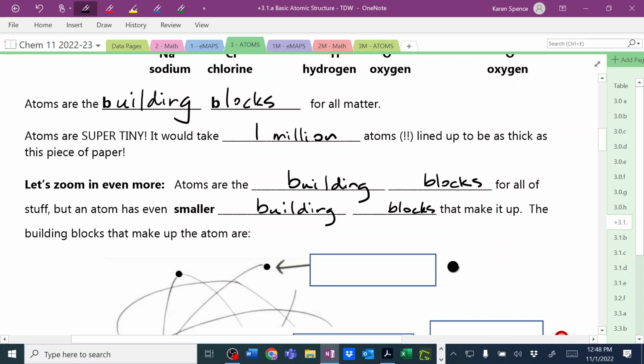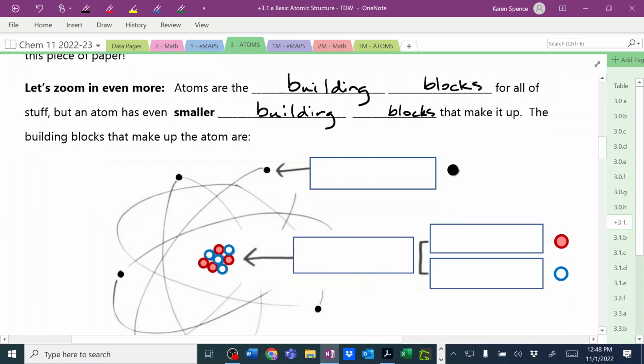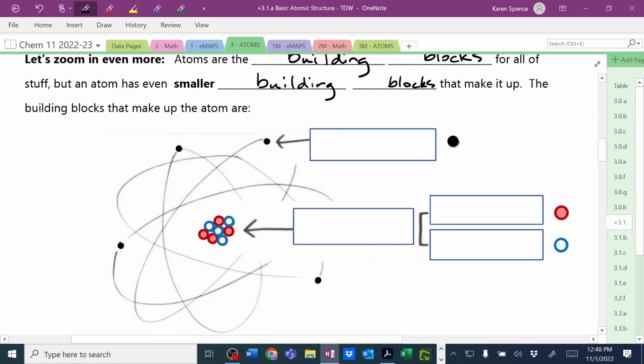The building blocks of the atom are what's zooming around the outside? Electrons. What do we call that in the center? That is our nucleus. And what do we have in the nucleus? Neutrons and protons.